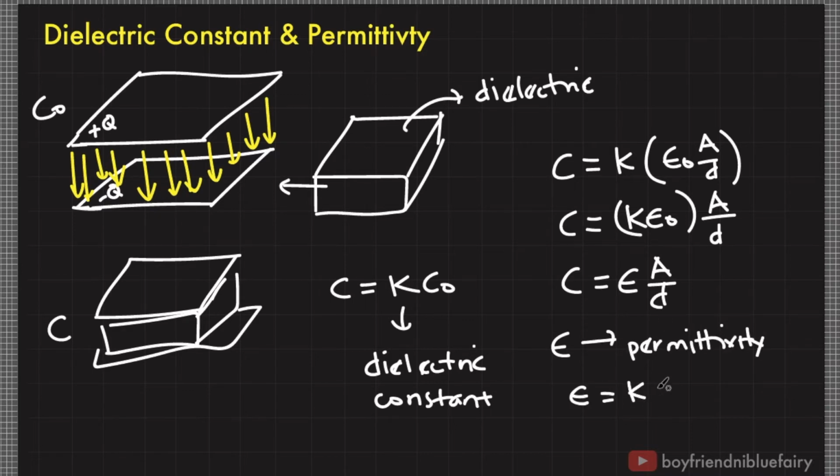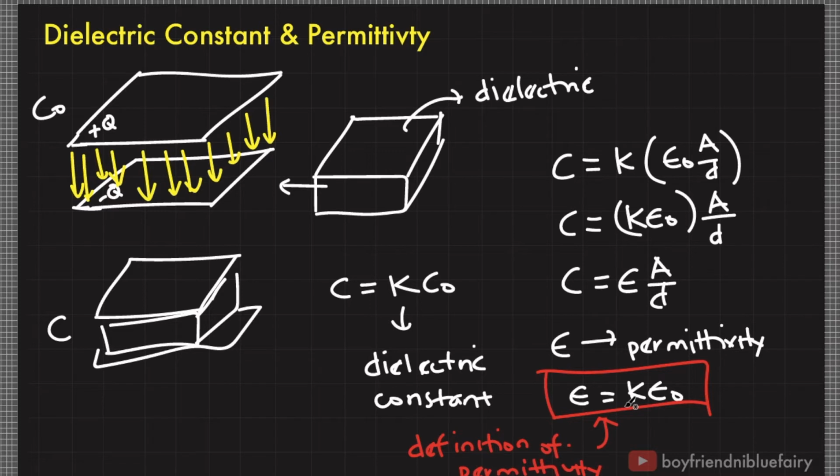So this is actually the definition of permittivity. Again, permittivity equals dielectric constant times the permittivity of free space.